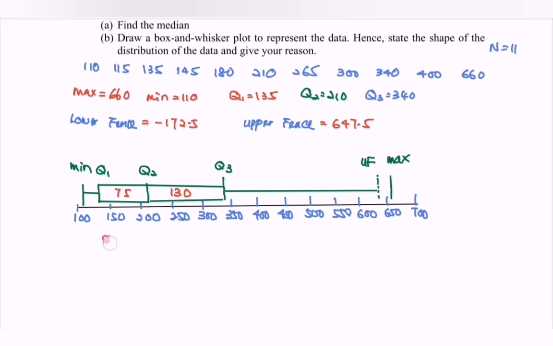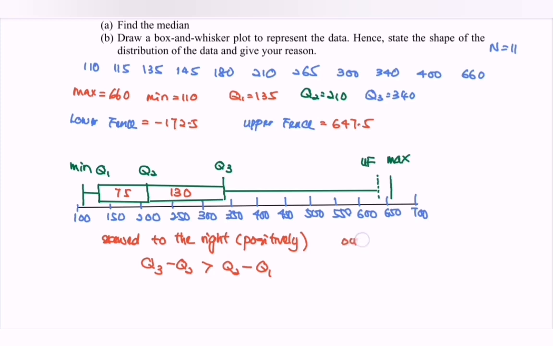Here we have skew to the right, or we can say positively skewed. Reason? Because the distance between Q3 and Q2 is greater than the distance between Q2 and Q1. That's why we say skew to the right.